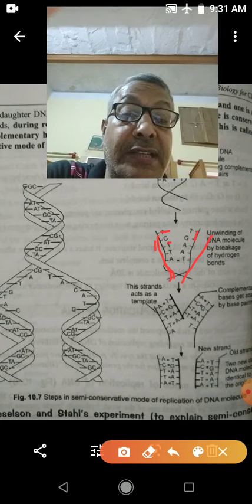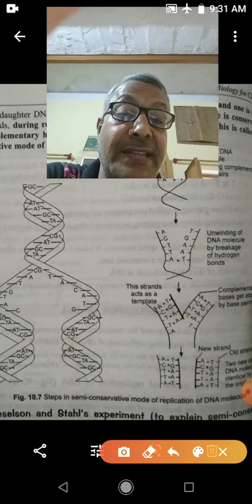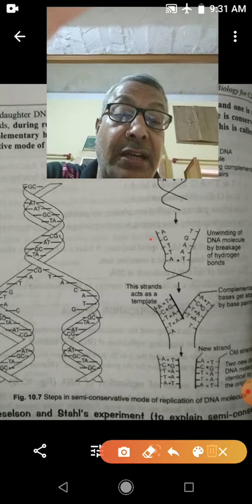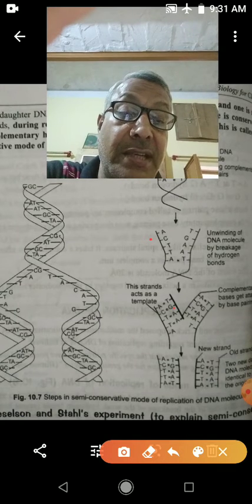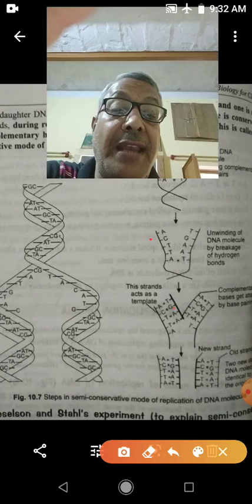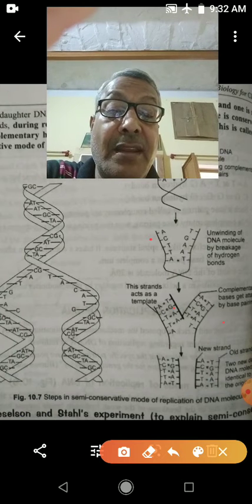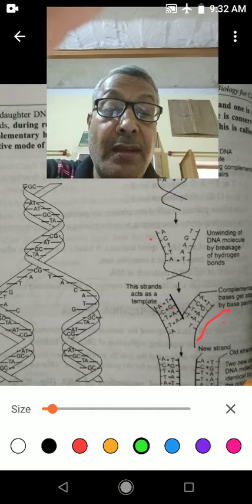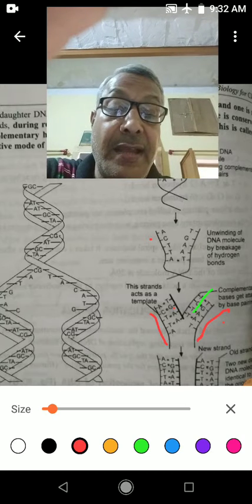The base in the template decides the complementary base. So whatever base is already present in the template will decide. Here is A, C, T, T, A. Then in the complementary strand, there will be T, G, A, A. Like this, the other template is this one, and its complementary strand is this one.